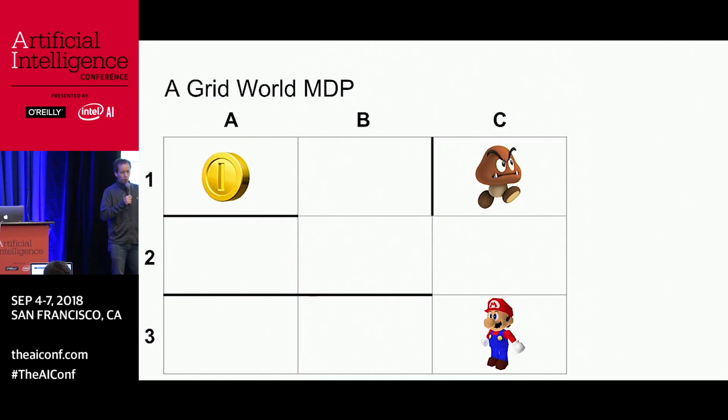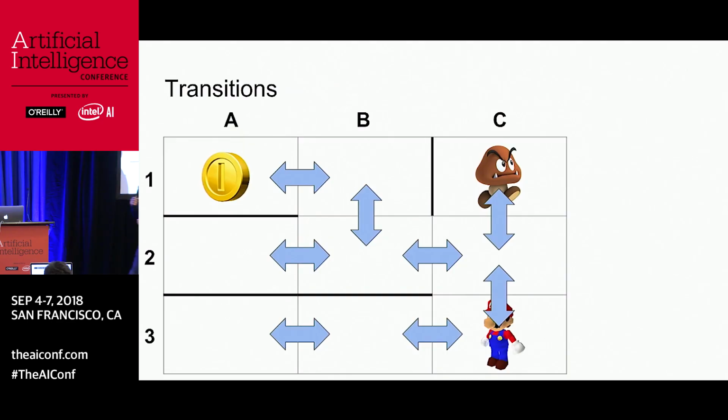So for example, in Go, the reward would be if you win the game, then you get a reward of 1, for example. And so the agent tries to win the game. In the robot example, if you want to learn walking, then the reward could be your velocity forward. And so the agent would try to maximize the velocity forward.